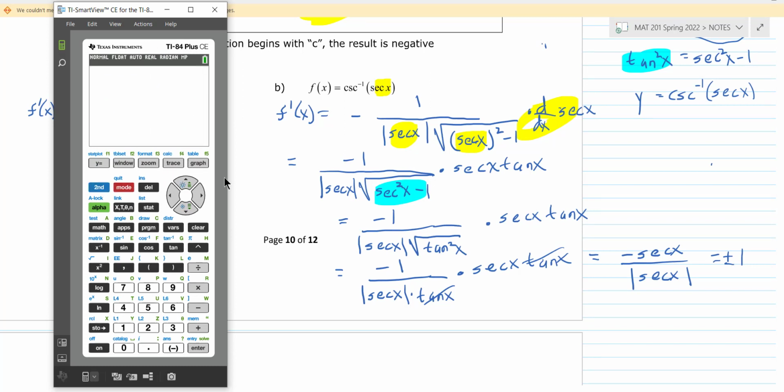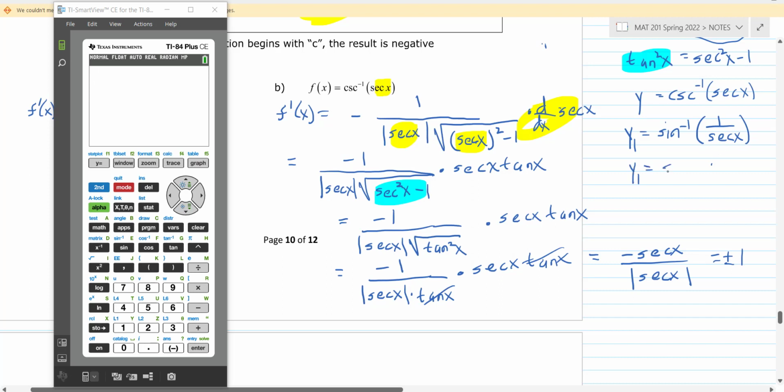What you can do is put in inverse sine of 1 over this argument right here. And the thing is, 1 over secant is cosine, so what we put in our calculators is the inverse sine of the cosine of x.